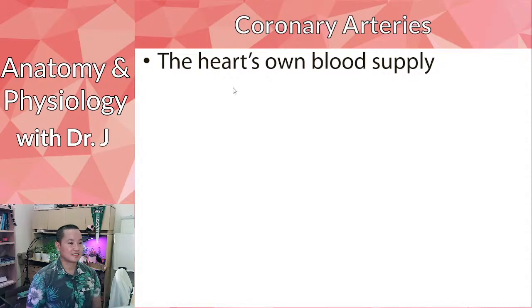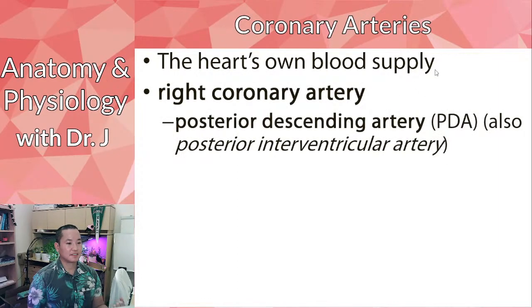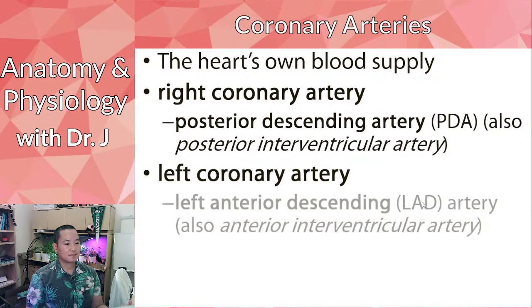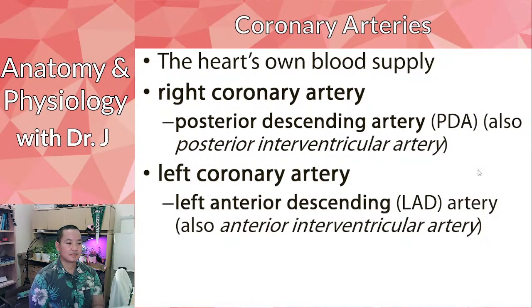Now, the right coronary artery has main branches, like when it goes around toward the posterior and starts going down toward what we call the apex. We call that the posterior descending artery, or PDA. The left coronary artery has two main branches. One is the LAD, sometimes called the anterior interventricular artery.